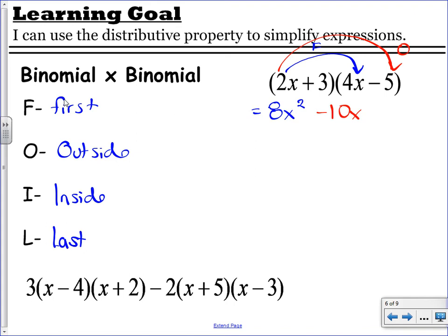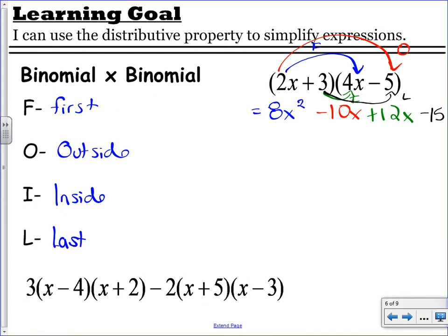My inside, Nick, what terms do I multiply for my inside? So that's my I. So I'm left with 12x. And then Zach, what do I get for my last terms here? Good.